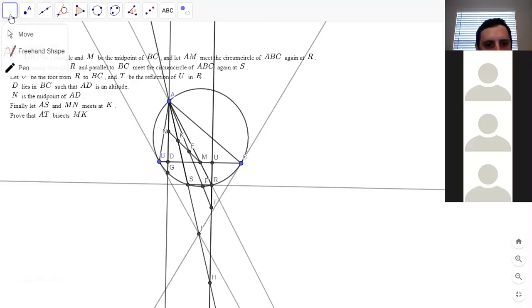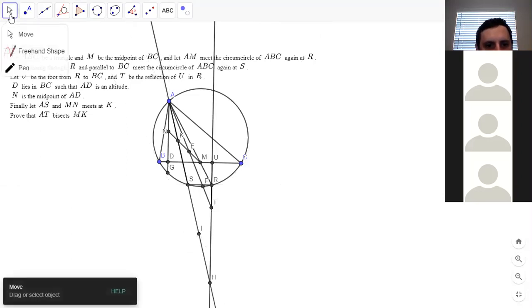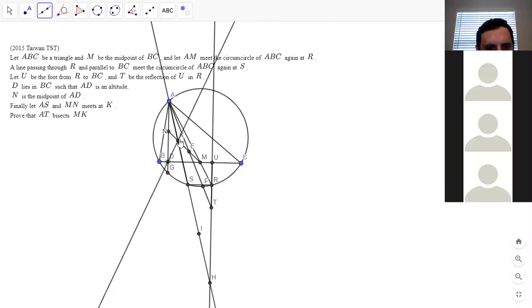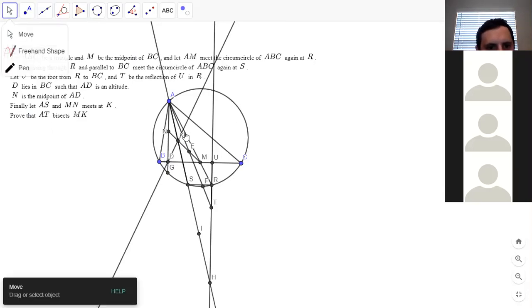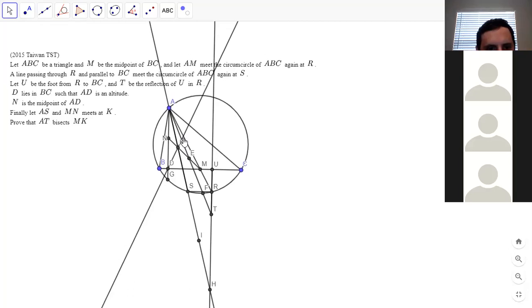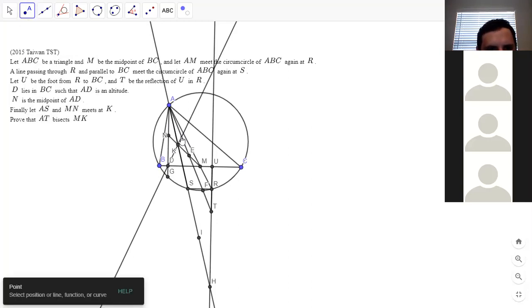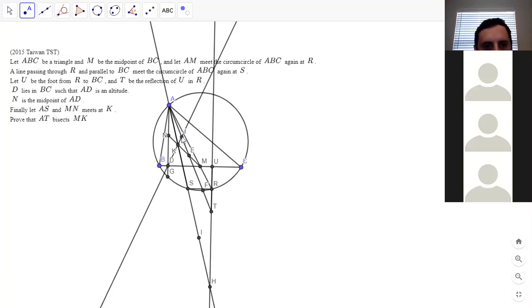If we take DK to intersect AT, then that intersection point and U, that line, is parallel to NM. I mean, that is sufficient and looks like true. So JU is parallel to MN? Looks like it, yes.